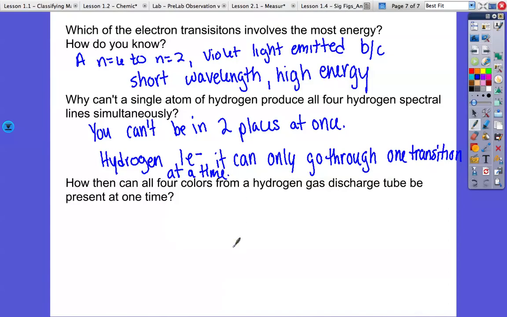So then how can all four colors from a hydrogen gas discharge tube be present at one time? The gas discharge tubes contain several atoms.